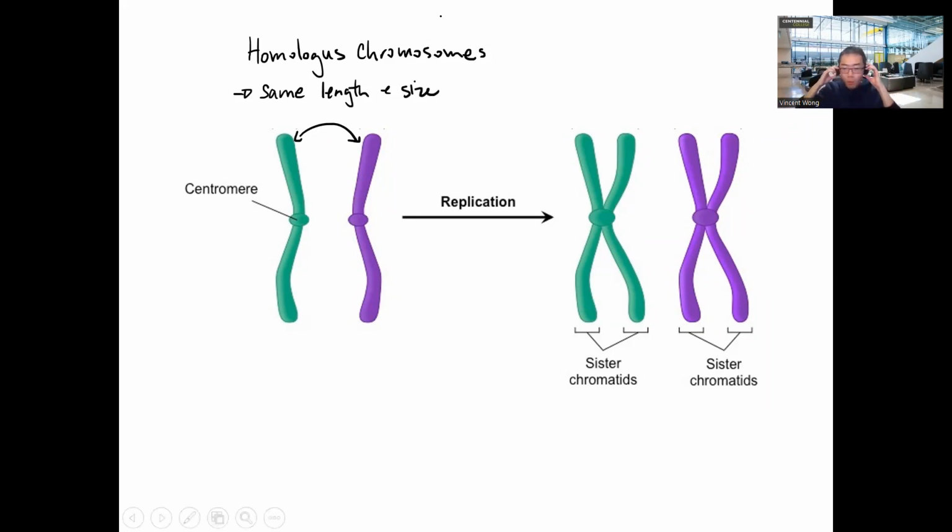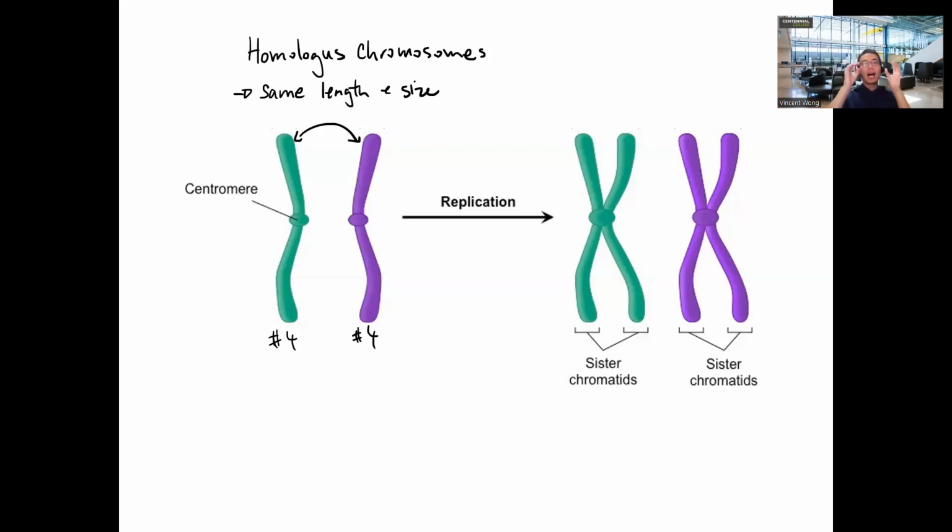So let's just say this is chromosome number 4, number 4 from mom and number 4 from dad.